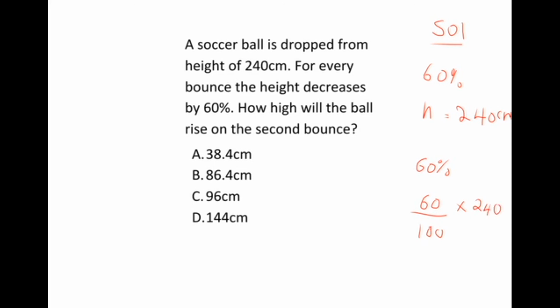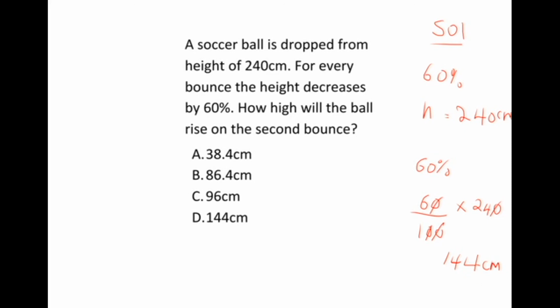Then we can simplify by cancelling the zeros. 6 times 24 gives 144 centimeters. Therefore, the height here decreased by 144 centimeters.